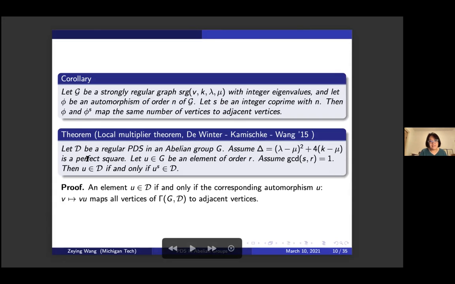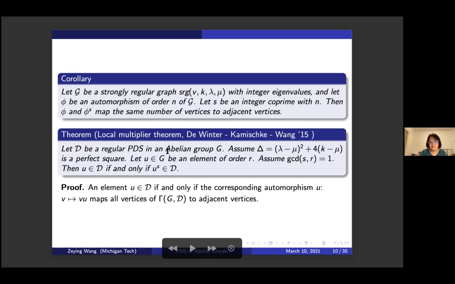Now, based on that, we came up with the results on partial difference sets. So let D be a regular partial difference set in an abelian group G. Previously, we didn't require anything. All right, anyhow, now we talk about partial difference sets. So we require the group to be abelian, all right?